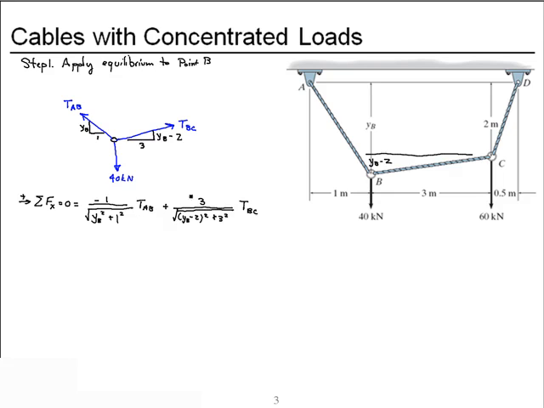Now we can rearrange this algebraically to express it in terms of the tension in AB over its hypotenuse. And that'll be helpful to us later.